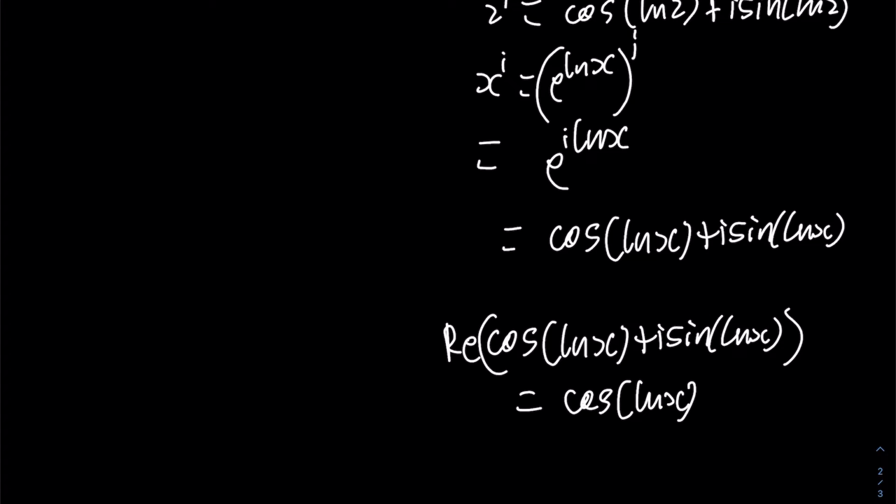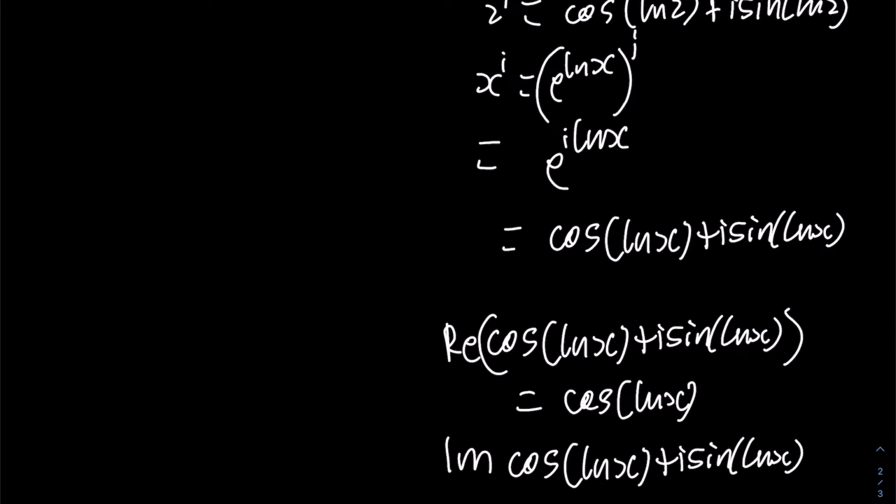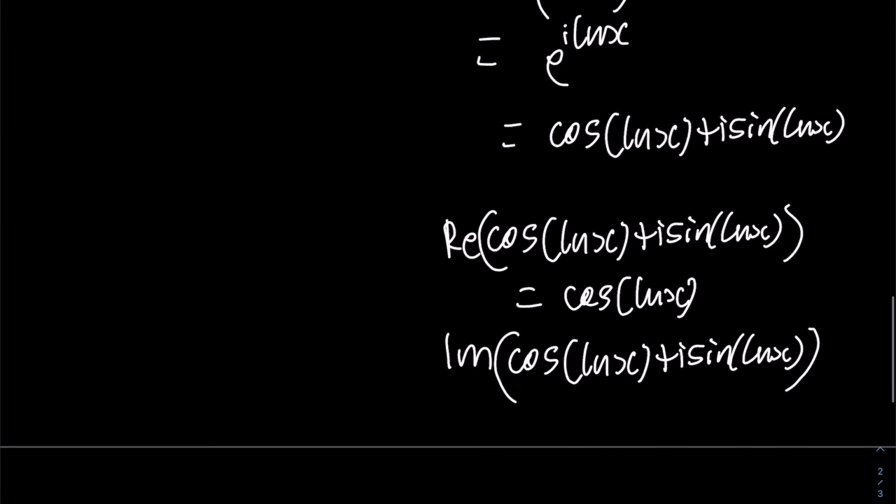And if we of course take the imaginary part of that expression, so let's just paste this again, that should return the sine of ln x, because the imaginary part is the part where the coefficient is an i, or it's being multiplied by a term of i.